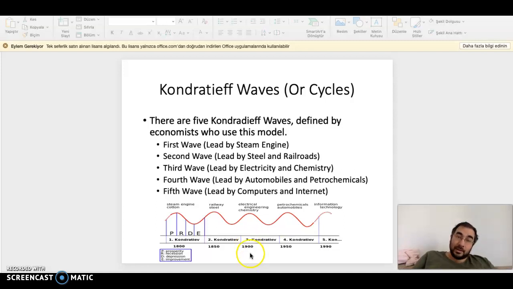That's the late 19th century and early 20th century, mainly early 20th century. And then you have a new period, after Kondratiev died, led by petrochemicals and automobiles. It's interesting that one of them is on the inputs and the other is on transportation, as in the second and third waves. And then we have a new wave led by information technology, computers and the internet.